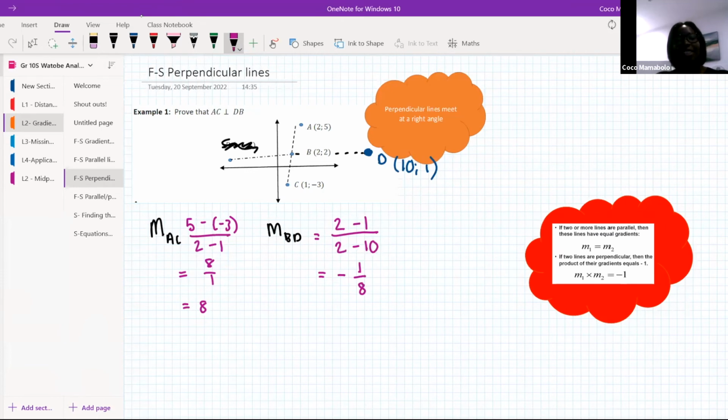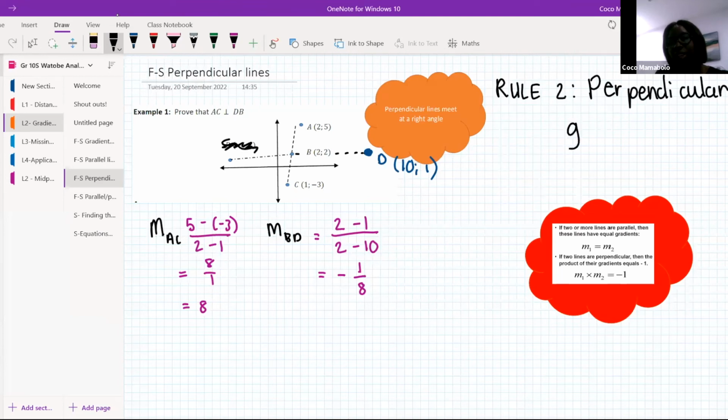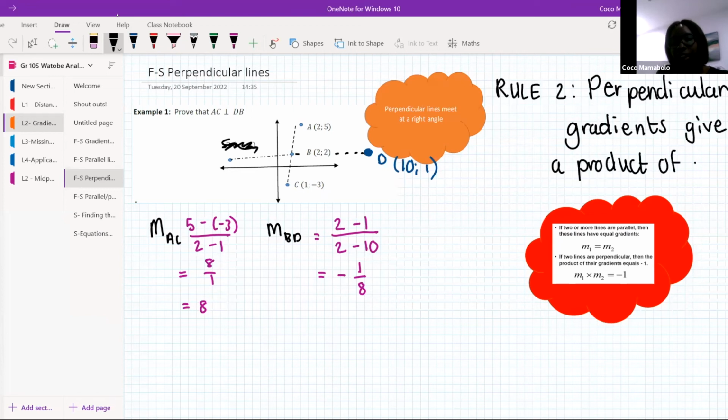So when we look at these two, if we have perpendicular gradients, this brings us to rule number 2: perpendicular gradients give a product, and product means multiplication, guys, a product of -1.